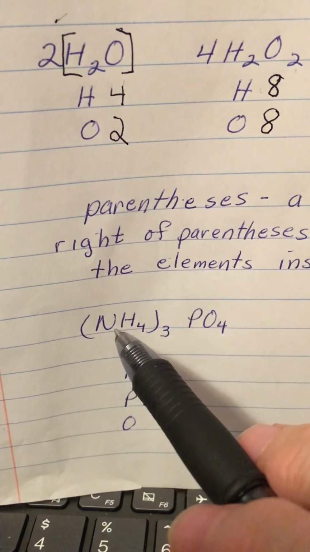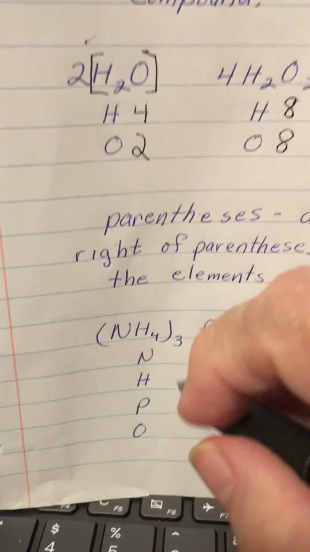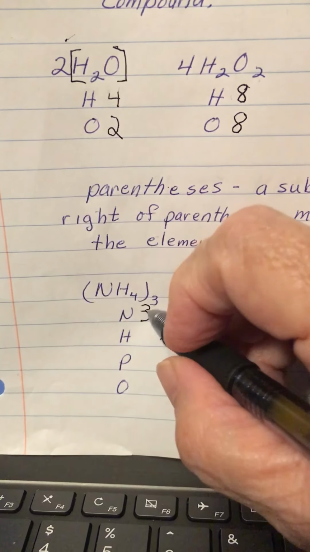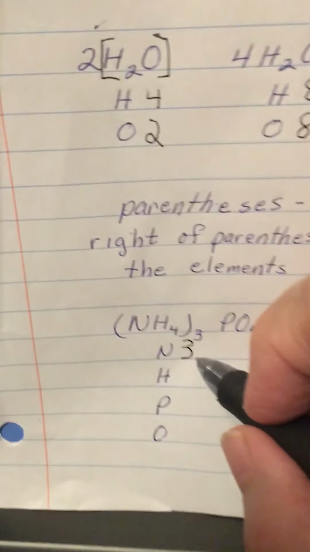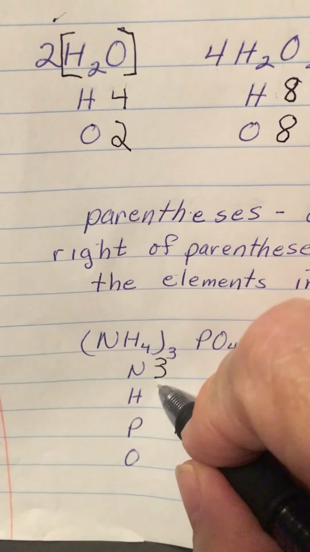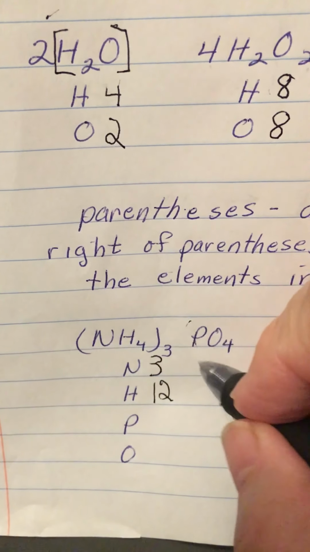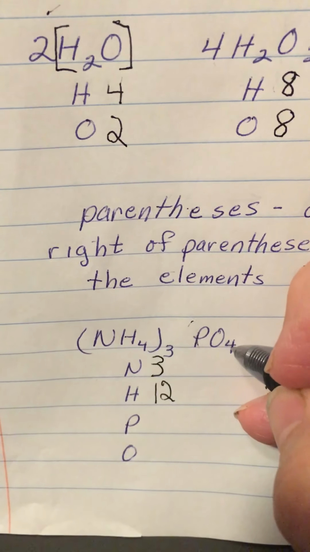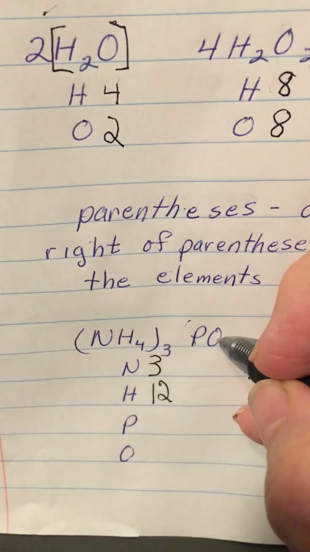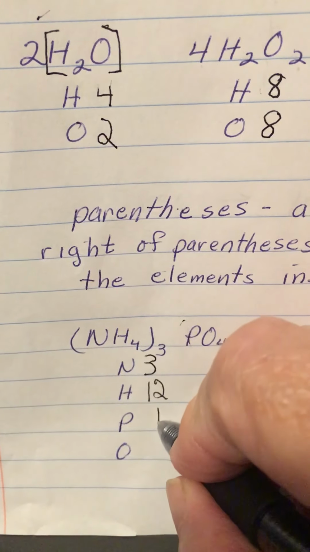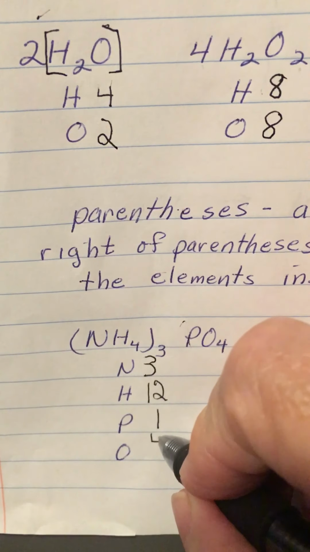So we have 1 nitrogen times 3, so that makes 3 nitrogen. We have 4 hydrogen times 3, so that's 12 hydrogen. Now these, no parentheses, and this 4 only multiplies what it's next to. So we have 1 phosphate and 4 oxygen.